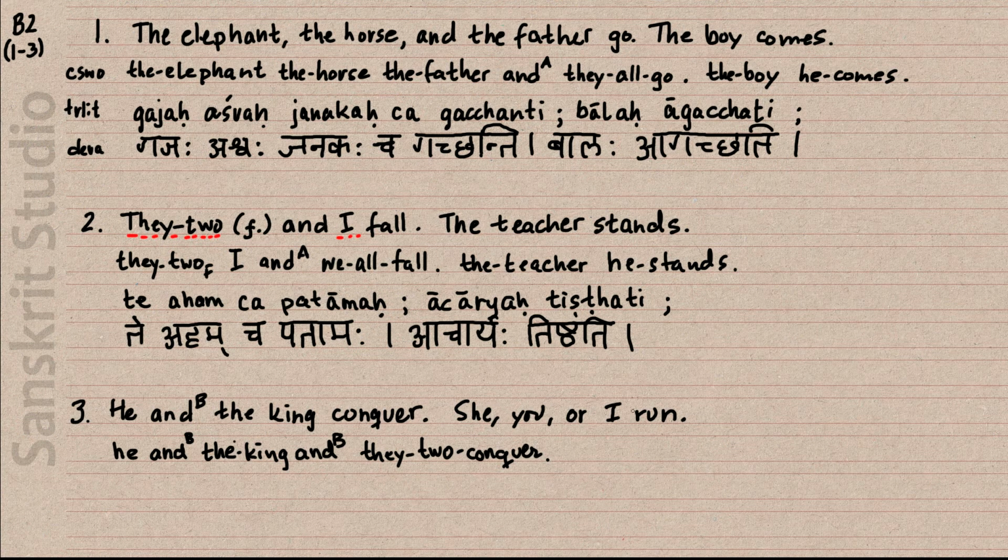And then here we have 3 terms in the second sentence, and we have no indication on the or, so that means we are using syntax A, which is just one va in the Sanskrit. So she, you, I, or.